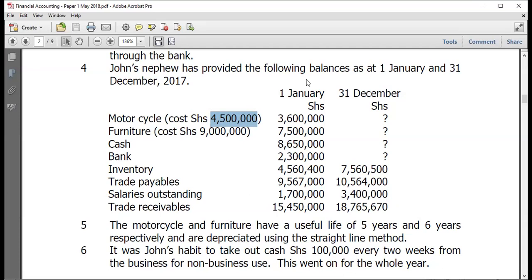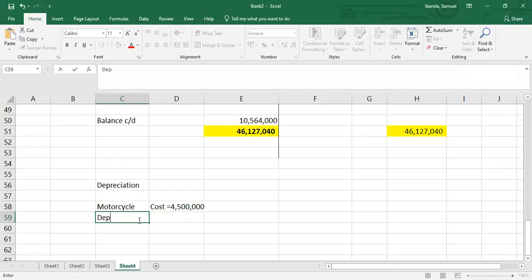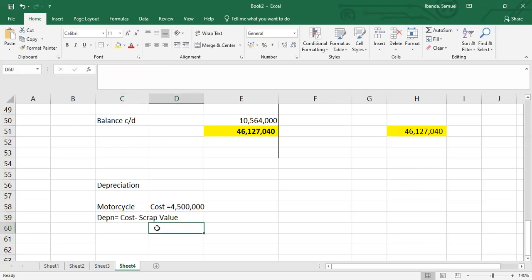The method I'm using here is depreciation is equal to cost minus scrap value, all divided by the useful life.